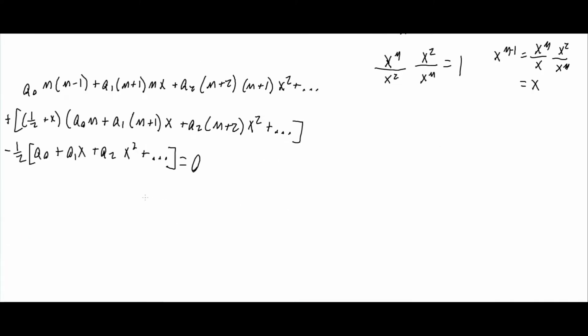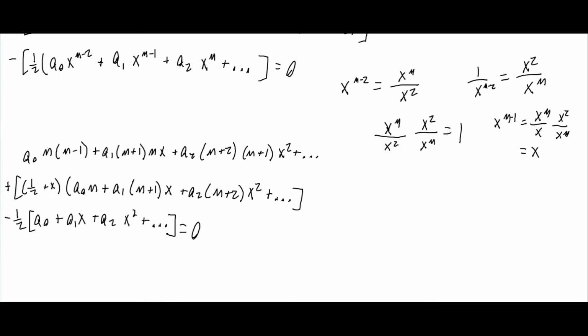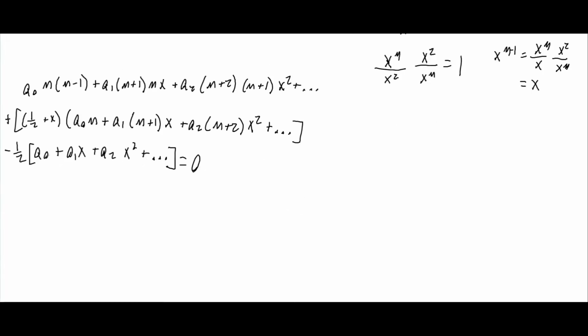And then what we can do is combine the corresponding powers of x. So we see here we have this a naught times m times m minus 1, which is from our first term.